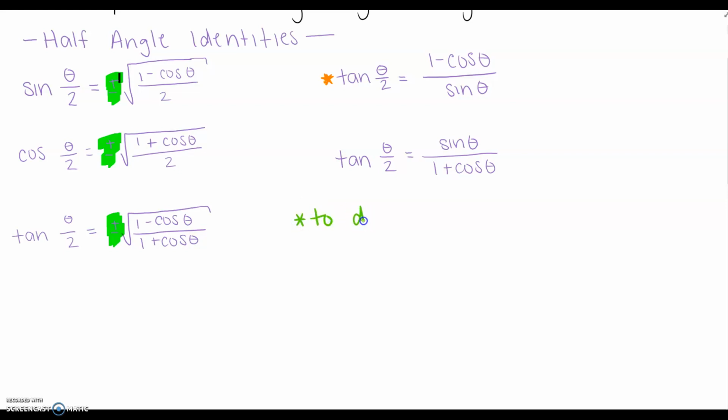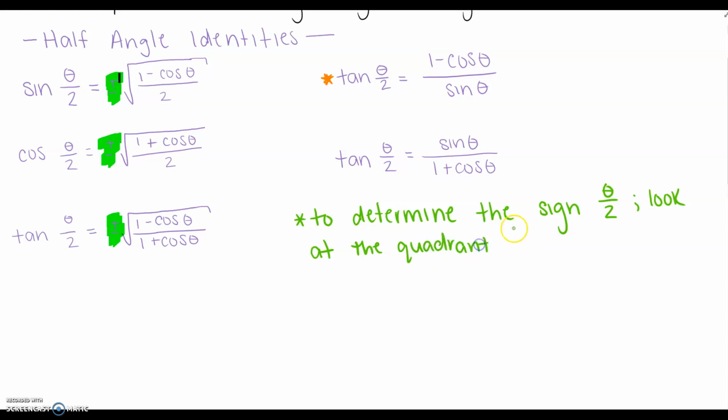So to determine the sign of your theta over 2, your half angle, you want to look at the quadrant theta over 2 is in and decide.